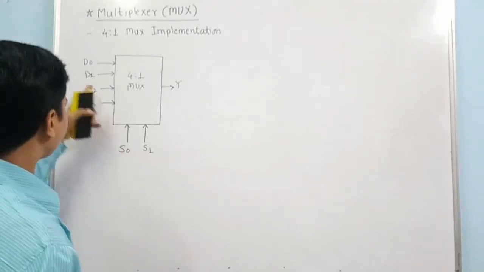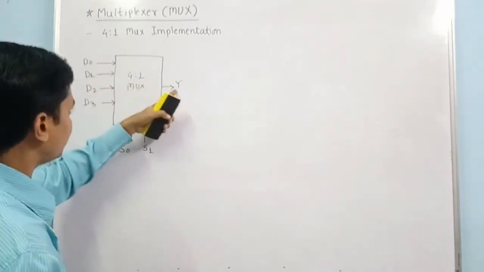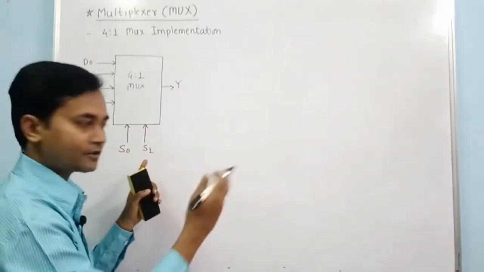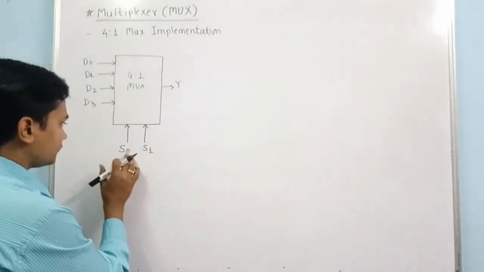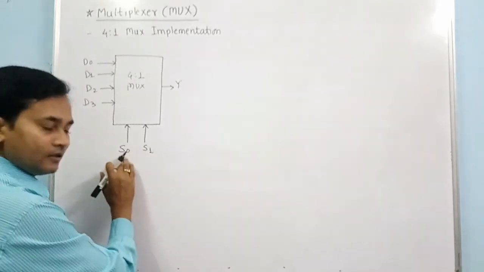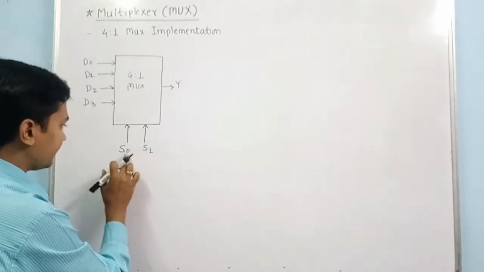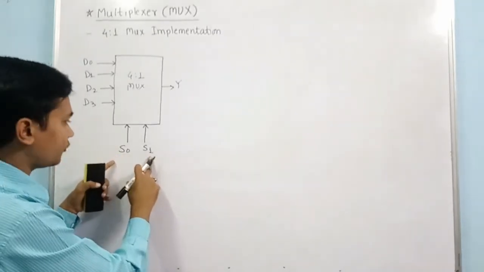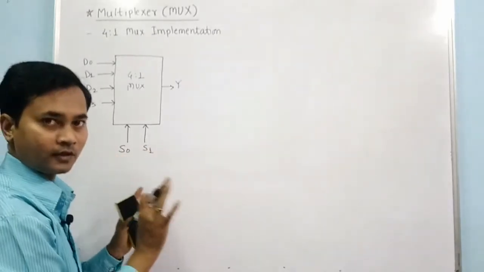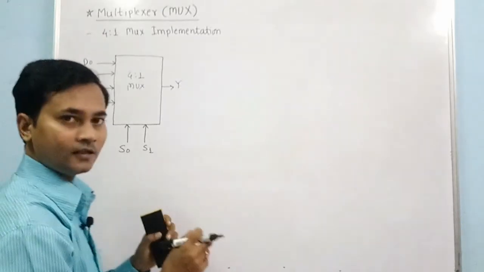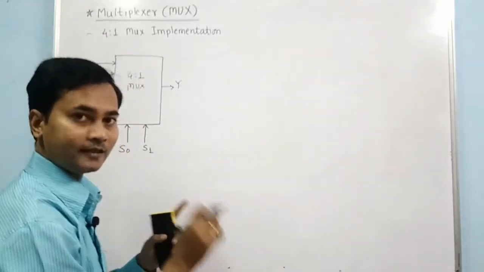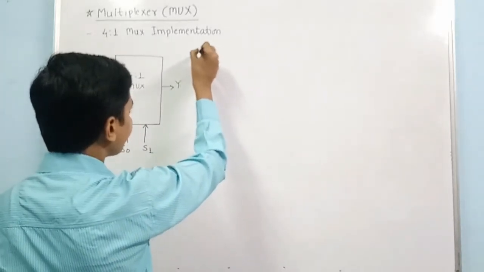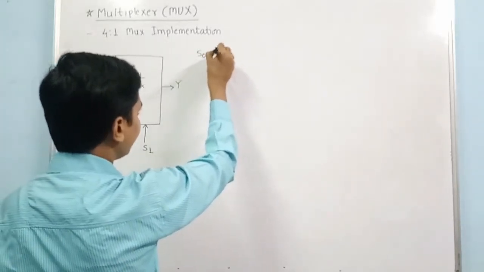Now to transfer the D0 status onto the output line, the S0 S1 lines should have 0 0 status. You can just shuffle the names, that is S0 and S1; you can write S1 here and S0 there. The names don't matter, only the sequence in which you write them matters. So first we will write the truth table with S0 and S1.